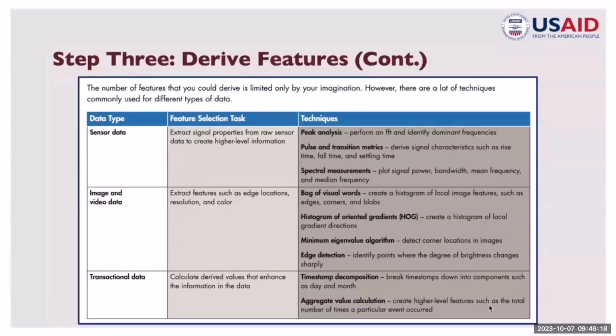The techniques we can use to perform such tasks are bag of visual words, histogram of oriented gradients or HOG, minimum eigenvalue algorithm, and edge detection. Finally, transactional data. For this type of data, we can calculate derived values that enhance the information in the data. Techniques that we can use as feature engineering are timestamp decomposition and aggregate value calculations.